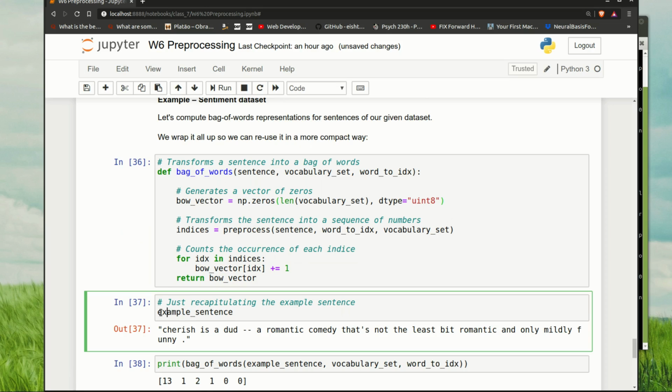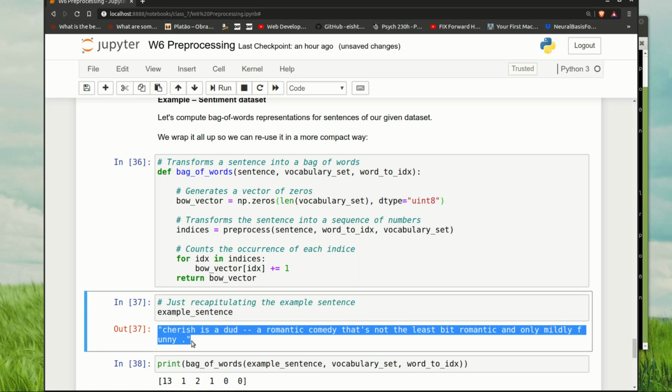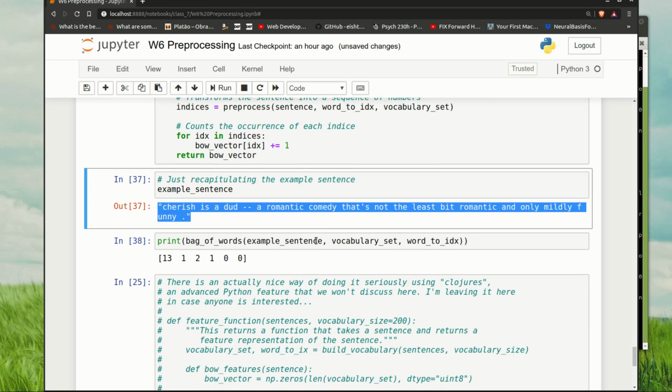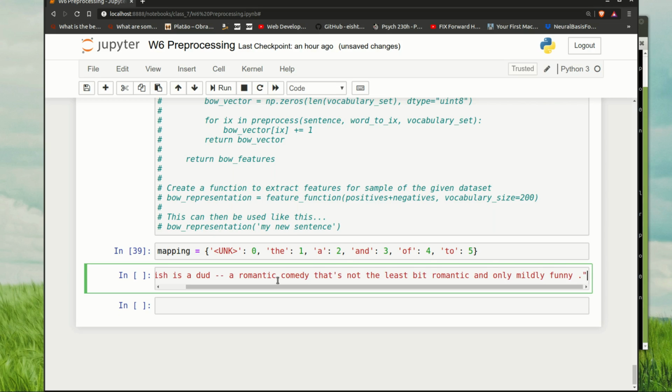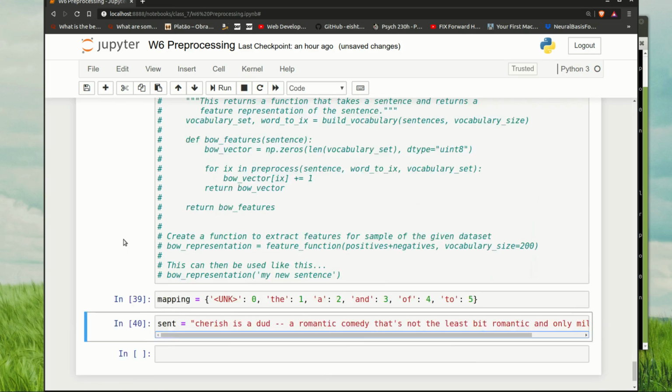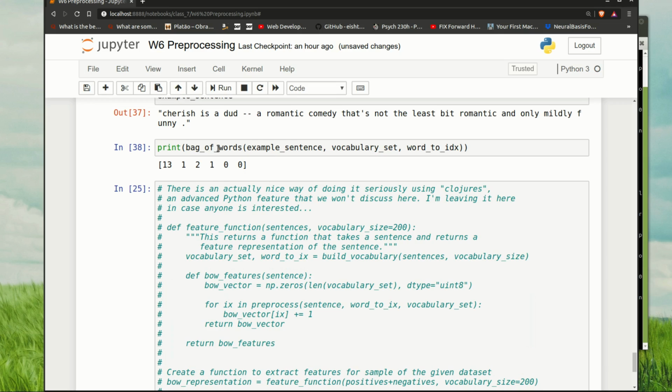Our example sentence was this one: Cherish is a dud, a romantic comedy that is not the least bit romantic and only mildly funny. I'm going to call it sent. So how does bag of words work?